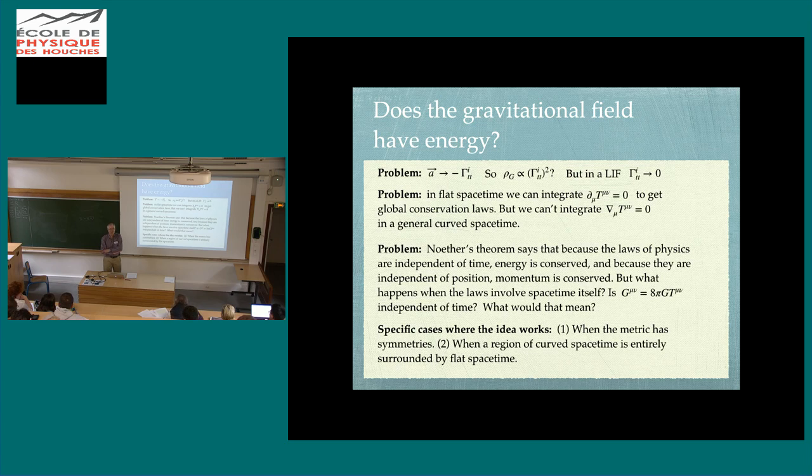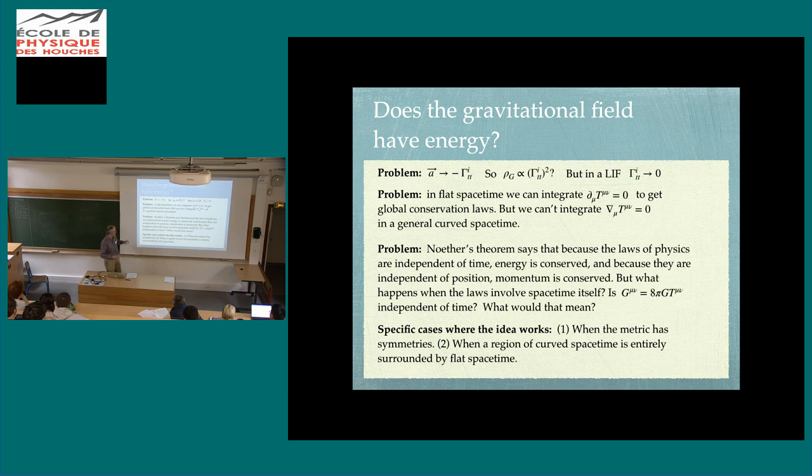And I'm going to show you in the last lecture of my series a solution to that problem that kind of works. And so that we can talk about it in the ways that we usually talk about energy conservation and say, yes, the orbital energy of this binary pulsar system is really decreasing by an exact amount of the gravitational waves that are emitted. And there's a way to do that mathematically that all makes sense.